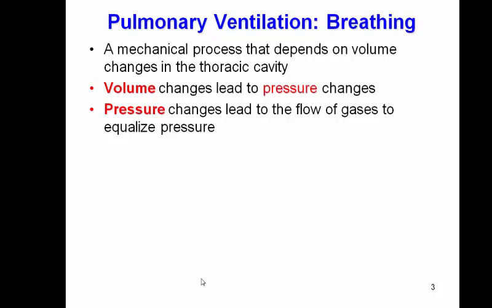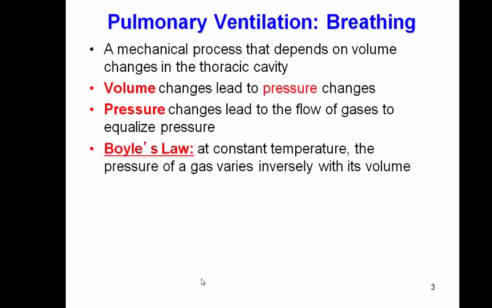And it's the pressure changes that will drive the flow of what are called blood gases, oxygen, CO2, to participate in respiration. But coming back to Boyle's law, it simply states that there is an inverse relationship between the pressure of a gas in a container and the volume of that container.